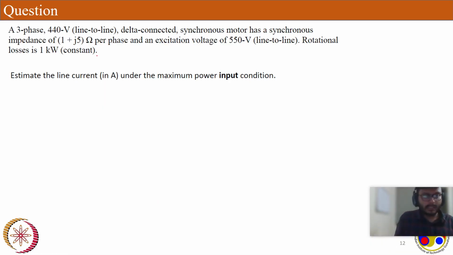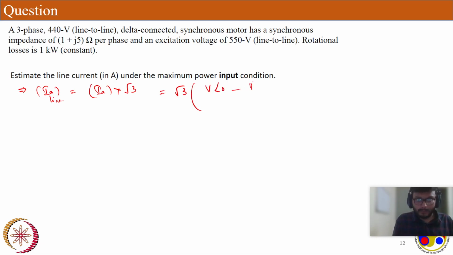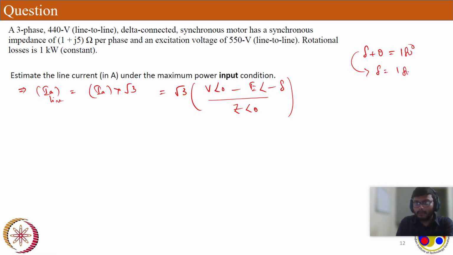Now if you see the expression for the line current, IA line is equal to the phase current IA phase multiplied by root 3. What is the phase current? We already wrote the formula: V at an angle minus E at an angle of minus delta, divided by Z at an angle of theta, that is the power factor angle. Now at this maximum power input condition, delta plus theta is equal to 180, so delta will be 180 minus theta.